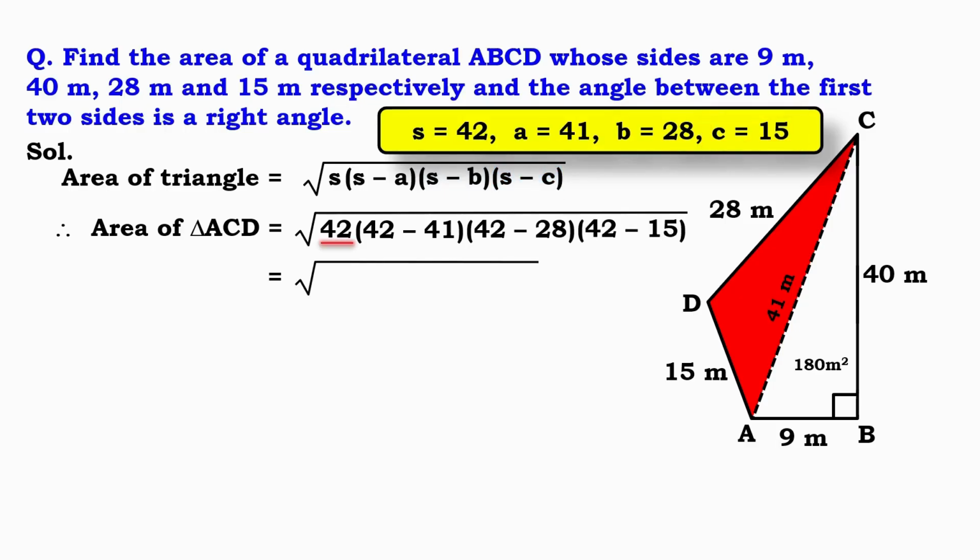Which is 42 into 1 into 14 into 27. Now 42 means 14 into 3. We have taken 14 here, since we have 14 already, so we have to get another 14 to make a pair. Then 3 will come out from here.